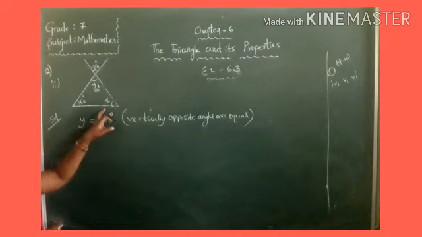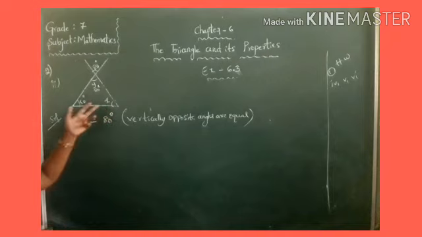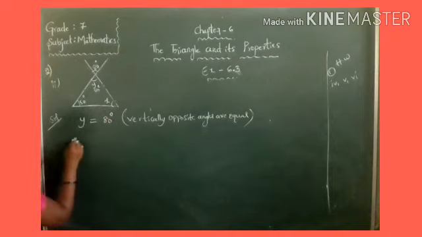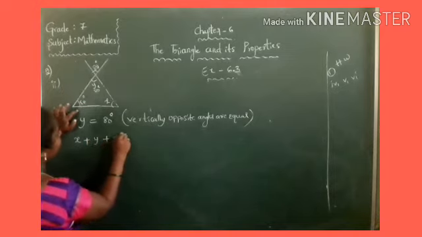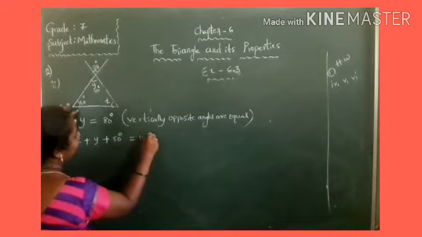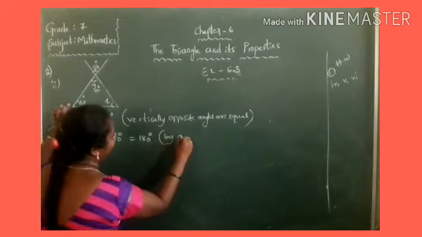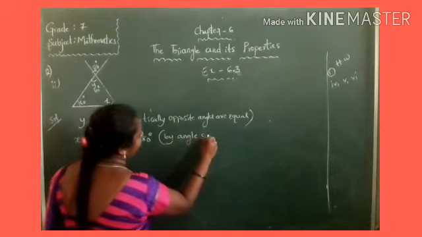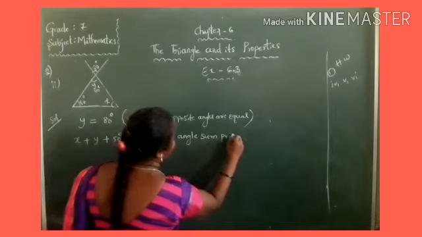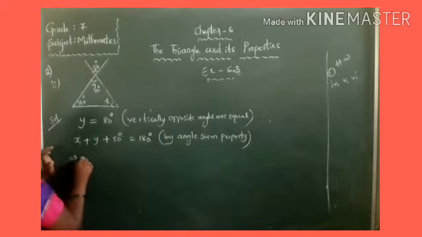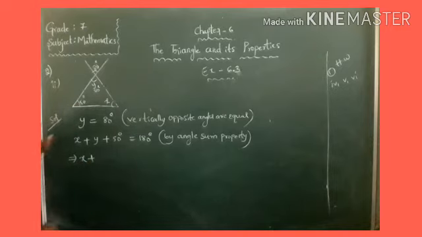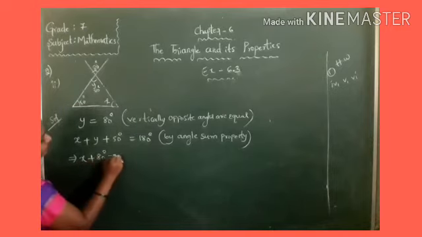Now it is easy to find x. How? By using the angle sum property. x plus y plus 50 degrees is equal to 180 degrees, by angle sum property. Y value is 80 degrees.